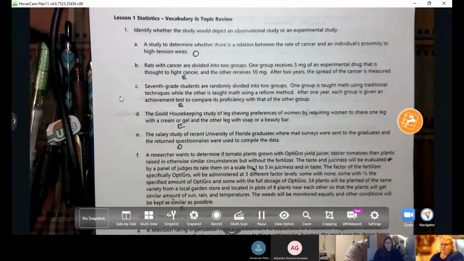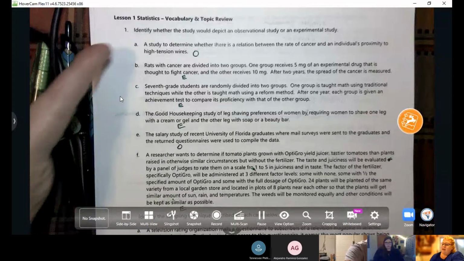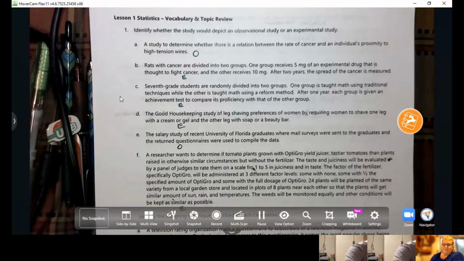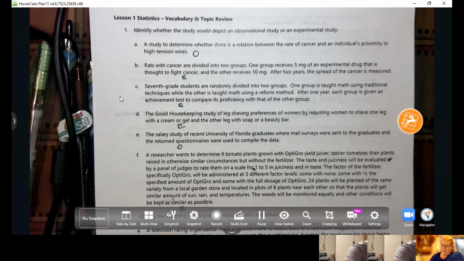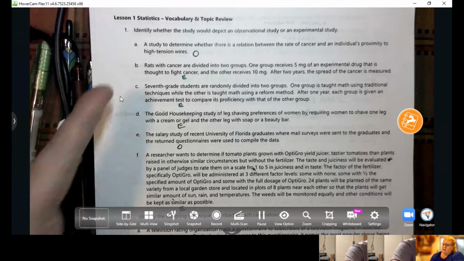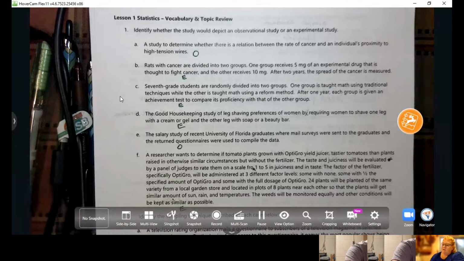So this represents the answers to that first part. I know a lot of times you like to have the answers when you look at your homework to know if you're doing them correctly. So these are the answers.